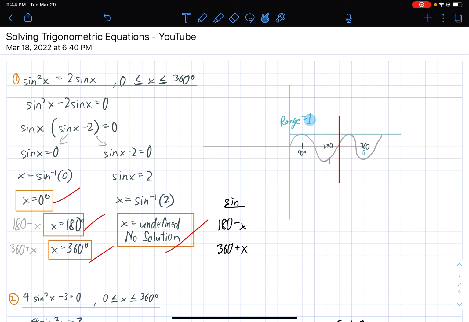Sometimes, or maybe several times, you borrow some methods that we usually do in quadratic equations, such as reverse FOIL method, factoring, reverse distributive property, in other words.